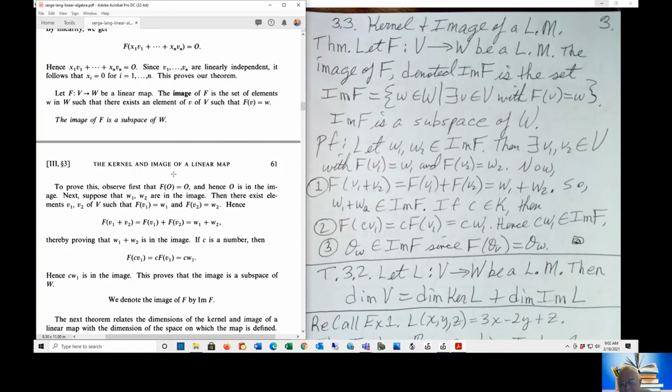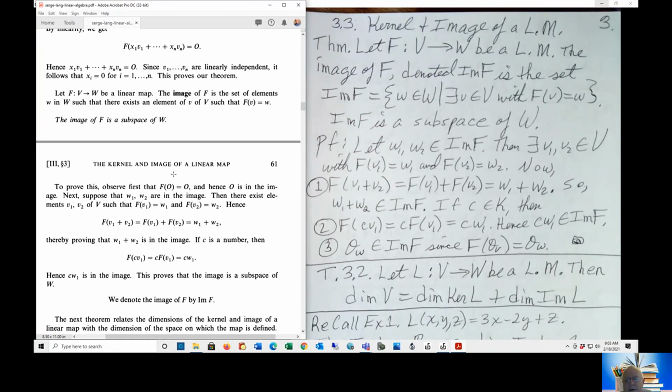Let's look at the proof. To say that a subset is a subspace, we first take two vectors in the subset, so let w1, w2 be vectors in the image. By definition, that means there exist vectors v1 and v2 in V, pre-images, with f of v1 equal w1 and f of v2 equal w2.